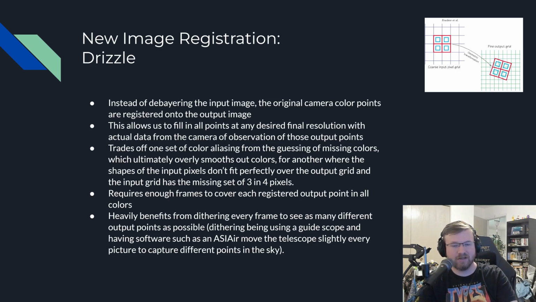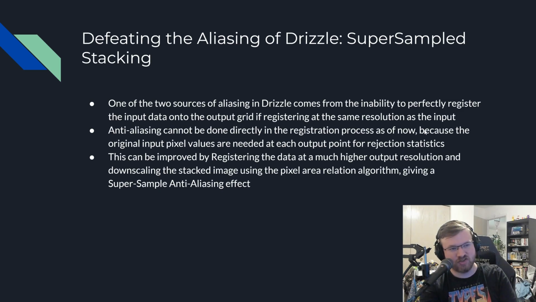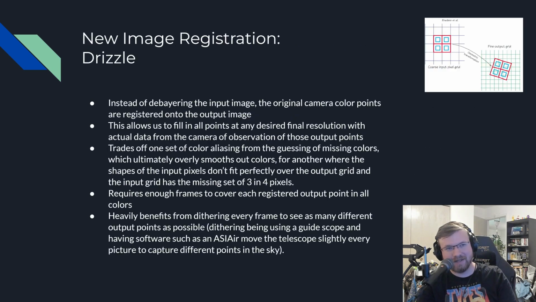So you can still get all the value out of the upscaling of the registration process to reduce the aliasing that registration with nearest neighbor interpolation would cause, but also allow, again, the nearest neighbor allowing the rejection statistics to still work by treating every point as if it were imaged for the same amount of time, and on top of all of that, giving you just the full signal to noise ratio benefits out of every output point.